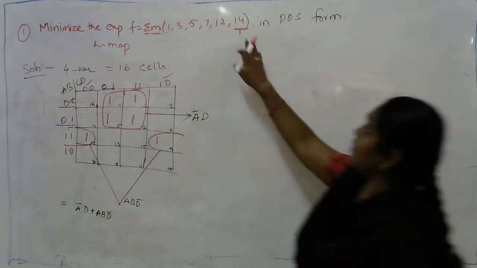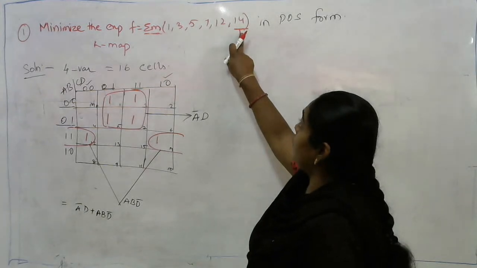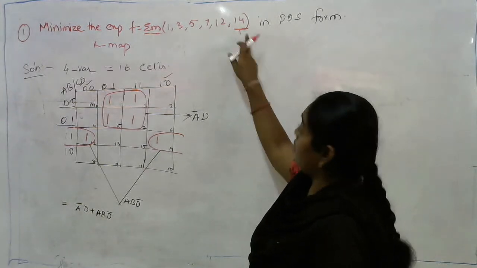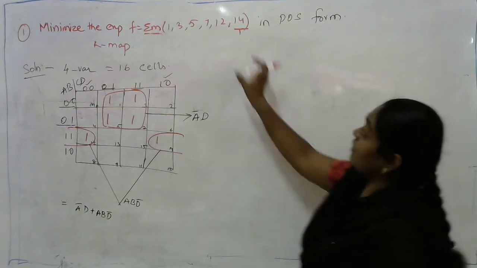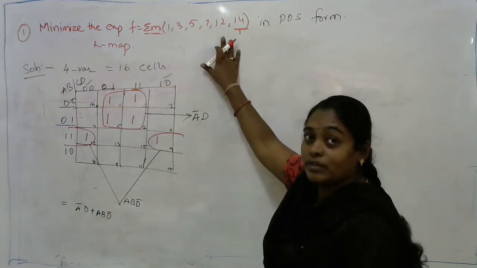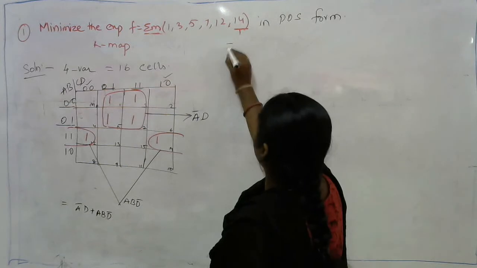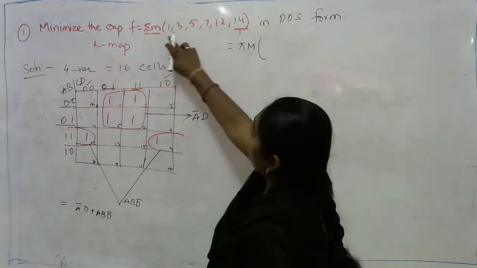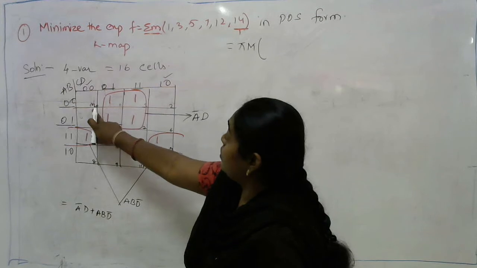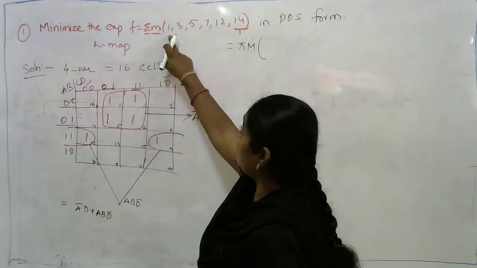Here the highest number is 14, or the equivalent for 14 is 1110. According to that, we have drawn the 4 variable K-map. Now whatever numbers are not there in the question will be the POS terms. So the same expression can be written in the POS form as pi m of, the numbers starting from 0. Here in the SOP it is starting from 1, so 0 is not included in the SOP.